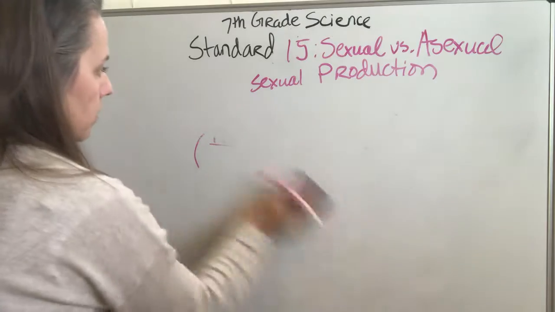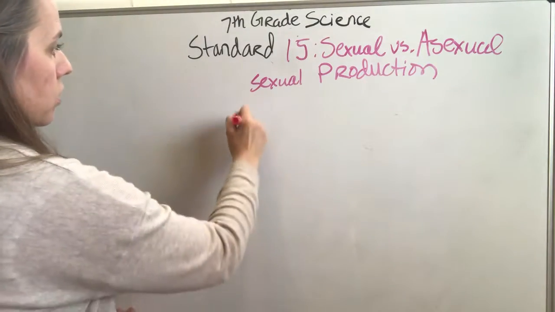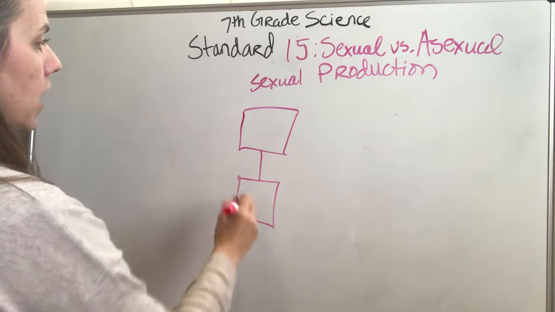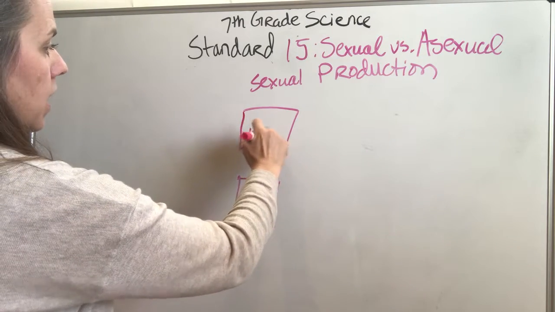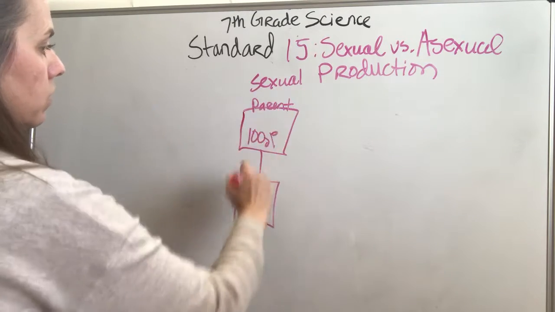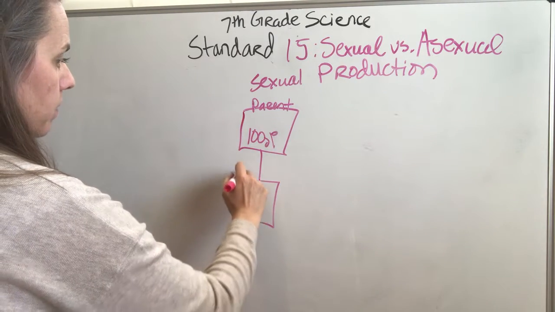And then you need to remember that asexual reproduction is just one parent, no more. There's not a mom and a dad, and 100% of the DNA from this parent is transferred to the offspring.